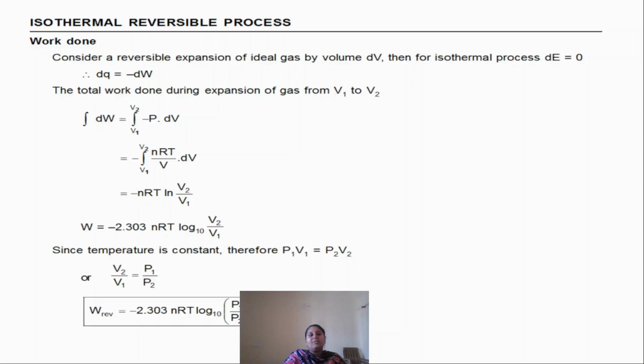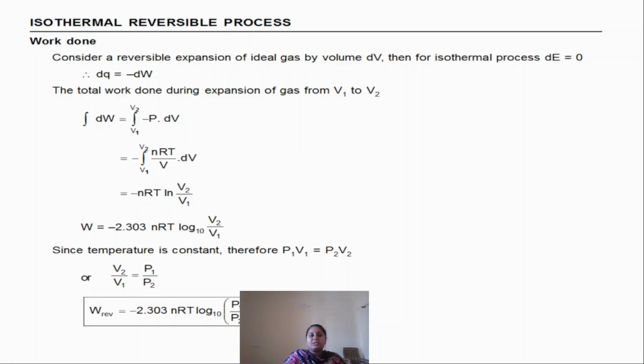When we integrate, we get work is the integral of P dV from V1 to V2, where P is nRT by V. So W is equal to minus nRT ln V2 by V1, so W is equal to minus 2.303 nRT log V2 by V1.